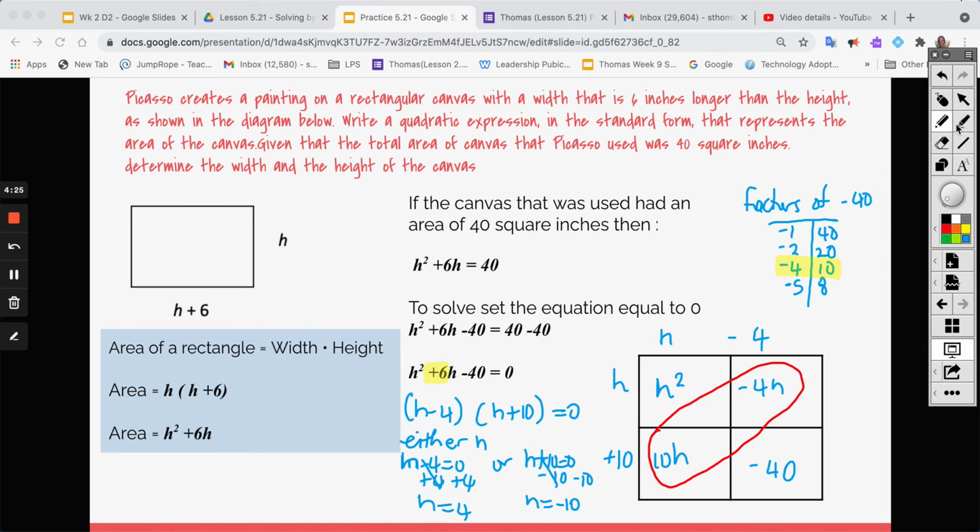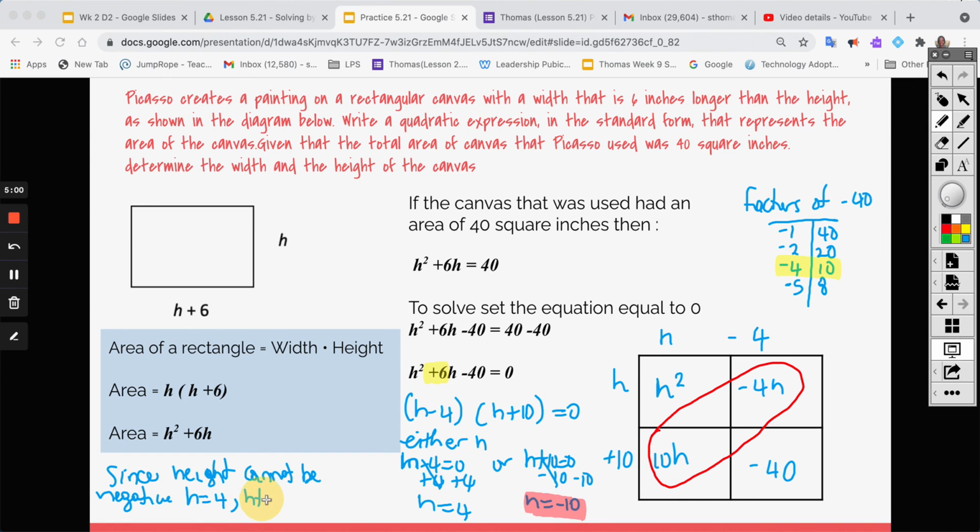We know that this option is not going to count because height cannot be negative. So since height cannot be negative, h is equal to 4.